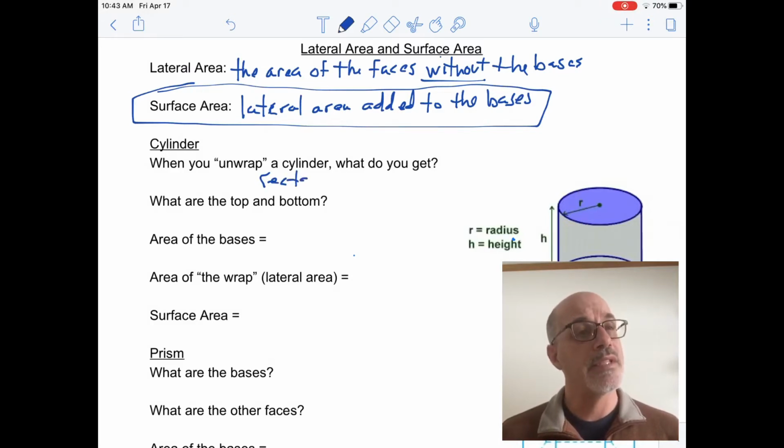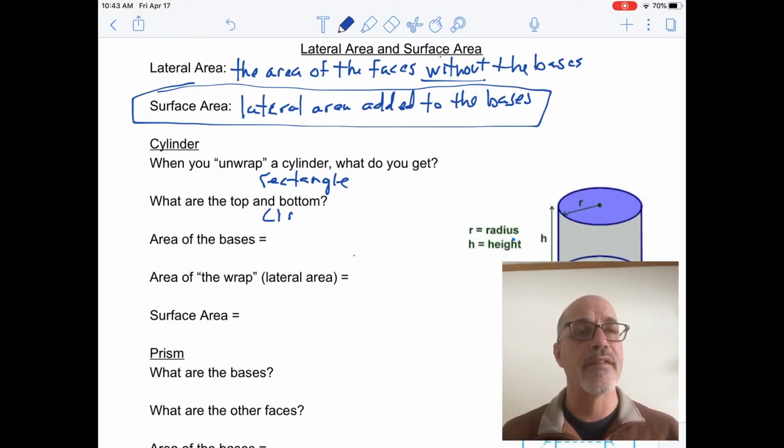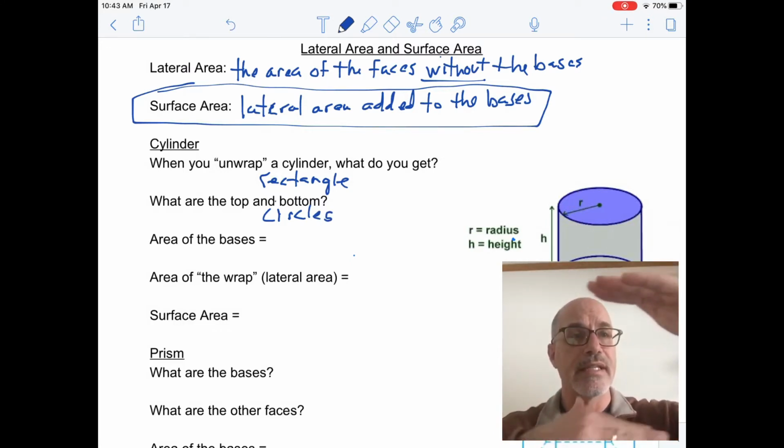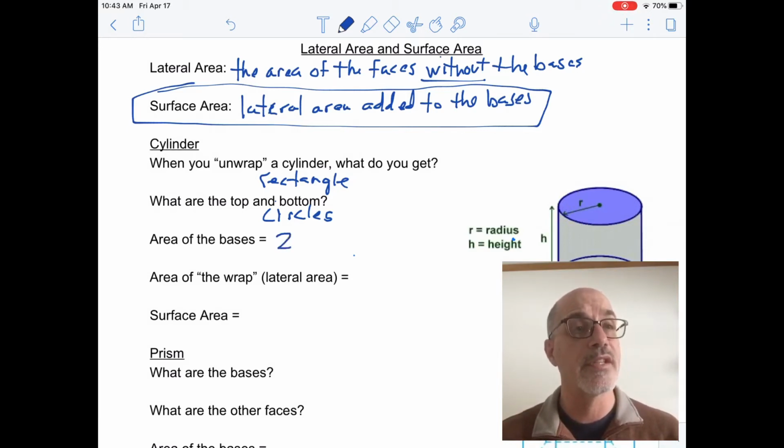So as we saw, when we unwrapped the label of the soup can, we got a rectangle. So if you unwrap a cylinder, you get the lateral area to be a rectangle, whereas in this case, the top and bottom of a cylinder are circles. So the area of the bases is just 2 times pi r squared, because it's two circles, and a circle's pi r squared.